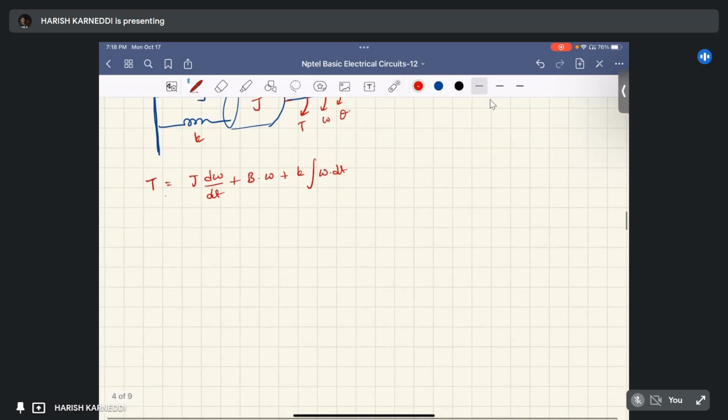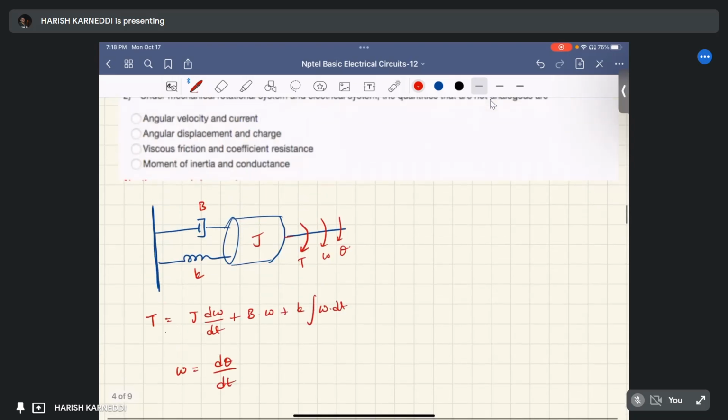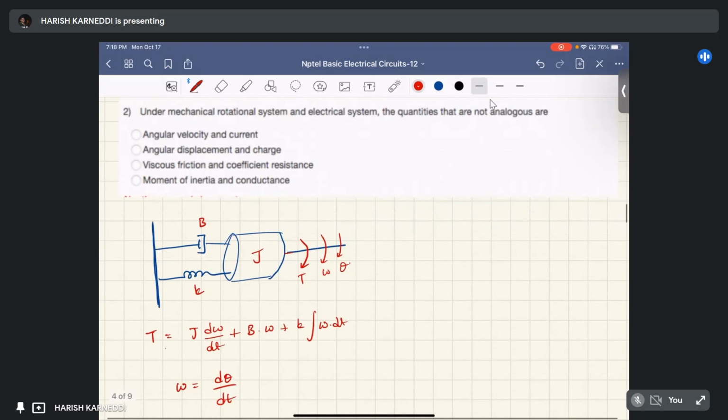And one more thing, we can write omega, that is angular velocity, equal to the change in angular displacement, that is d theta by dt. This is the mechanical rotational system.